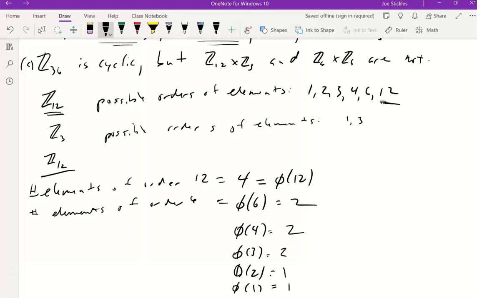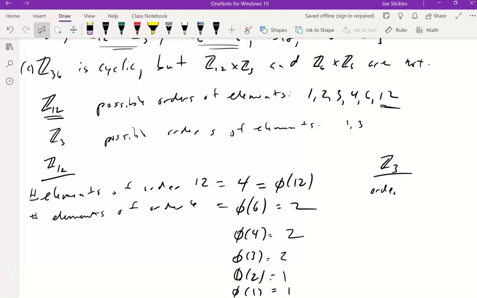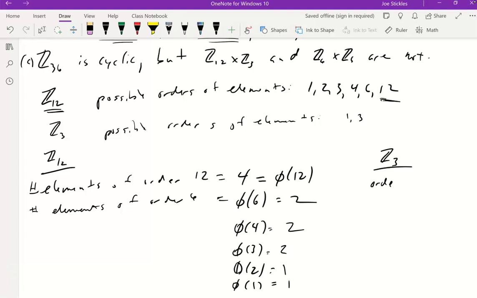And now if I add all of these together, what should I get? 12, all right? Do I get 12 when I add all those together? Okay. Do the exact same thing for Z3. How many elements of order 3 are there for Z3?